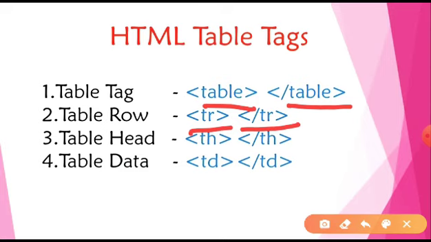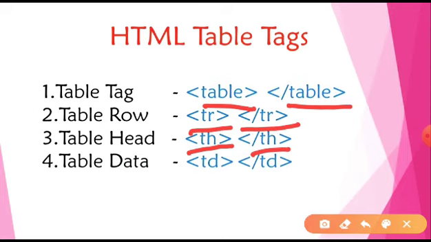And if you want to give the heading of your table, we use the th tag. The th tag is for creating the table head, means if you are creating a table related to employees, first you will give the headings: employee ID, employee name, and employee age or salary.